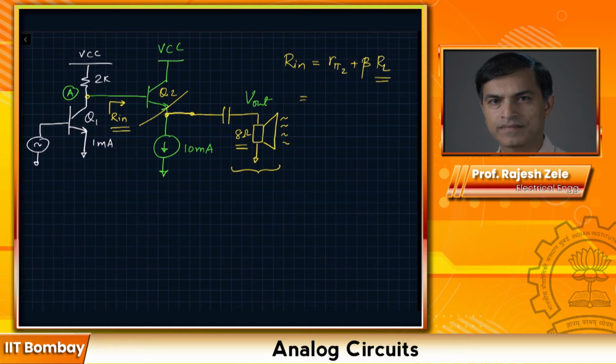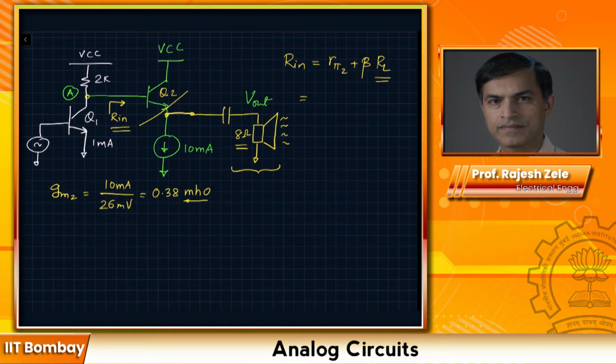R pi 2 is beta divided by GM2. Let's also calculate GM2 for the transistor Q2. GM2 is equal to 10 milliamps divided by 26 millivolts, which is equal to 0.38 mho, which is the reverse of ohms, also called the Siemens unit.